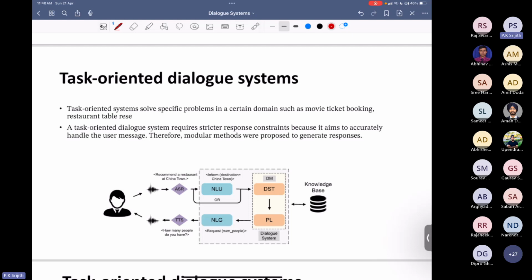Recent works try to use an end-to-end neural network to do that. But most dialog systems for task-oriented applications follow a specific framework where different components address different aspects.